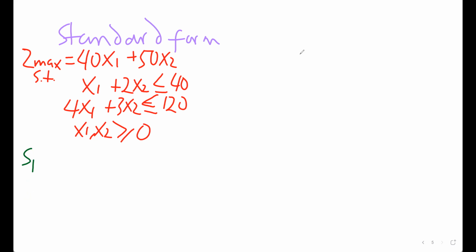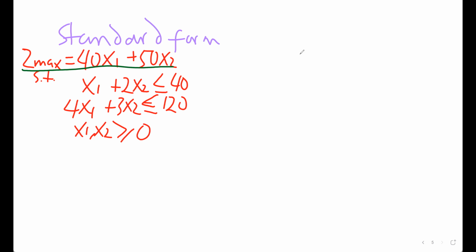We are going to incorporate the slacks into this equation, which changes the way the equation is written. And it changes the way the equation is written in 4 areas. Follow me. The first is how you introduce the slack into the objective function.